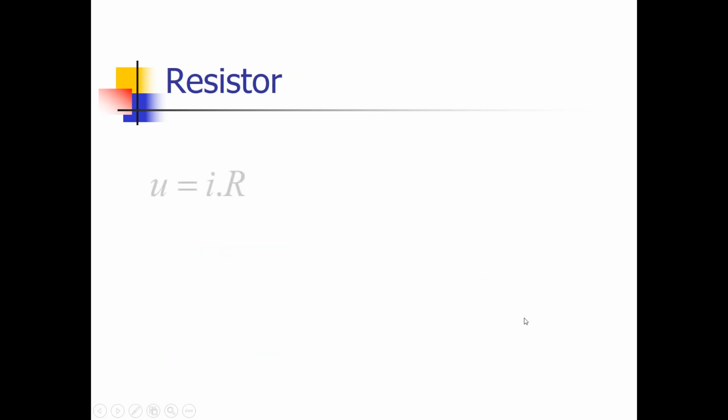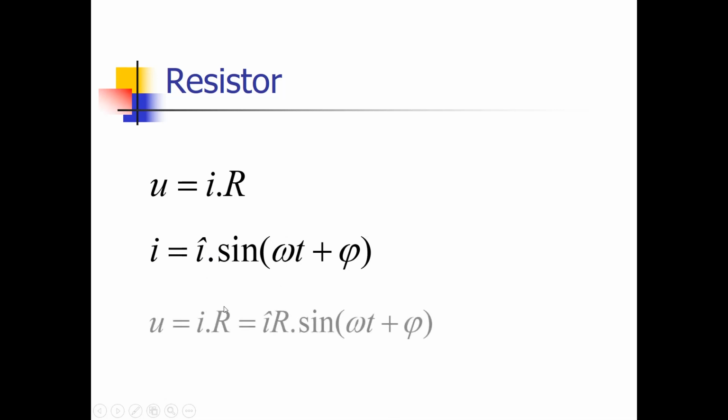First of all, the resistor. We have seen U is I times R. Suppose I is a sine current with an amplitude of I top, an angular frequency of omega, and a phase value of phi. Then U is I times R, which is the top value of the current times R times the sine of omega t plus phi.